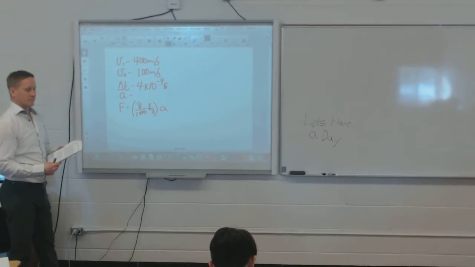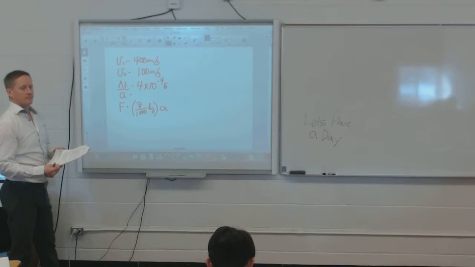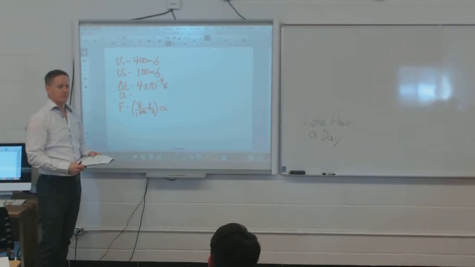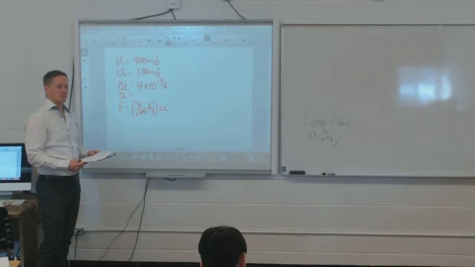So 100 take away 400 would be negative 300. So I got negative 700. You have a large number, yes. That's fine. That's right. And then times it by 8 over 1,000. Negative 6,000.